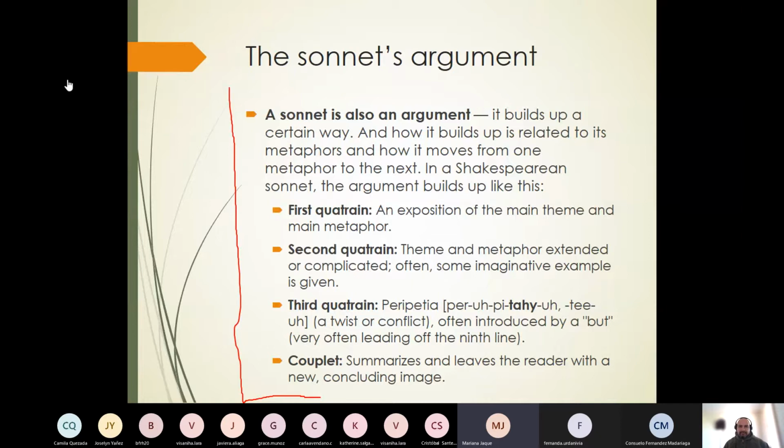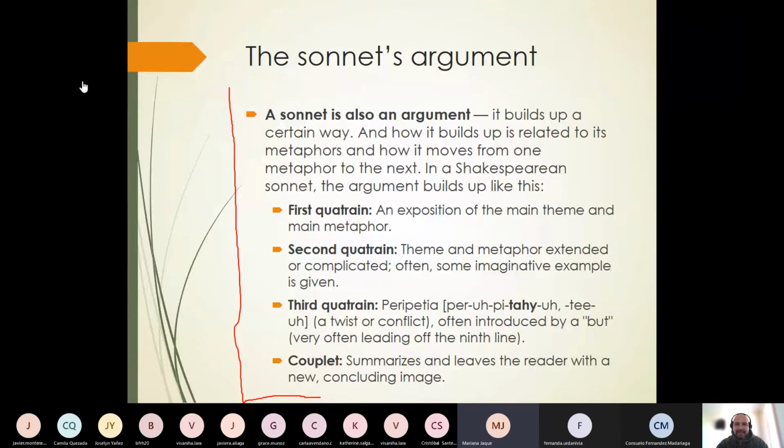Often some imaginative example is given. Third quatrain, peripeteia, a twist or conflict, often introduced by a 'but,' very often leading off the ninth line. Couplet summarizes and leaves the reader with a new concluding image.